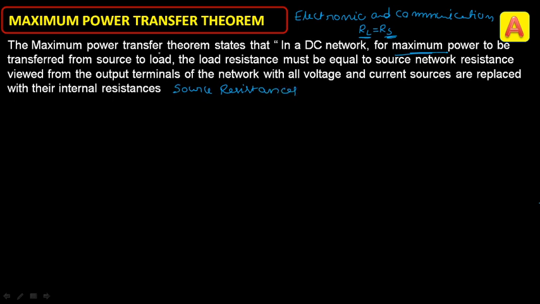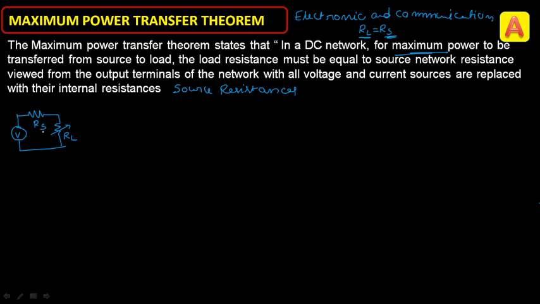Now, to explain this theorem, I am considering a very simple circuit with a voltage source like this. This is the voltage source, let us say this is the source resistance RS, and this one is the load resistance RL.